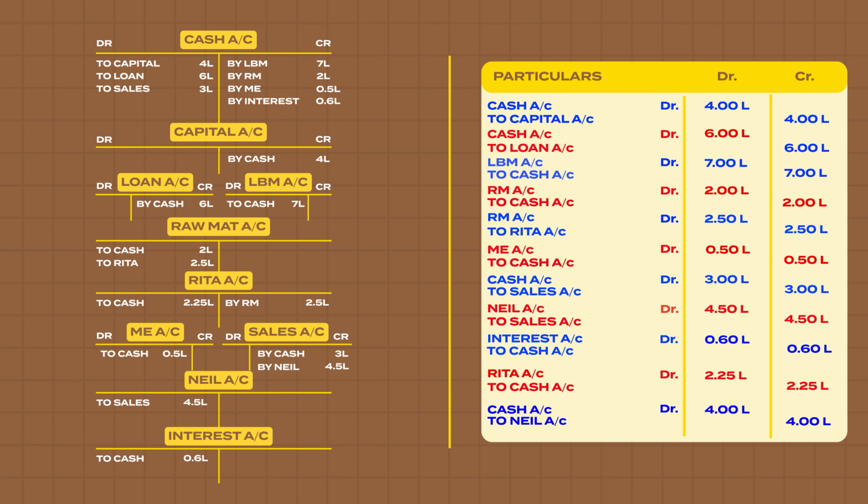In cash account on the credit side, by Rita 2.25. And last entry is cash account debit to Neil. In cash account debit side to Neil 400,000. In Neil's account on the credit side, by cash 400,000. Step number 2 is done. All the journal entries have been posted into the ledger accounts.